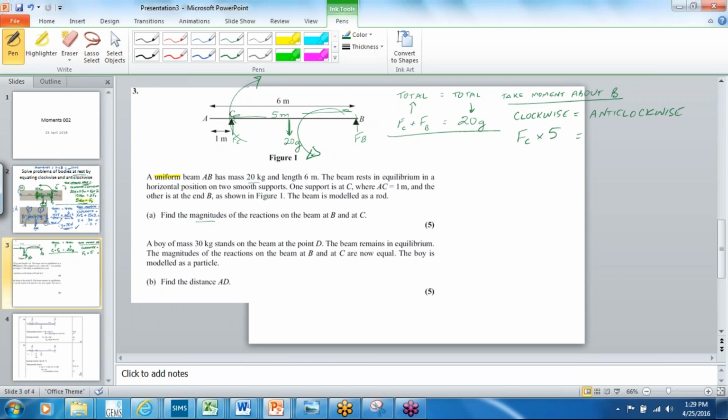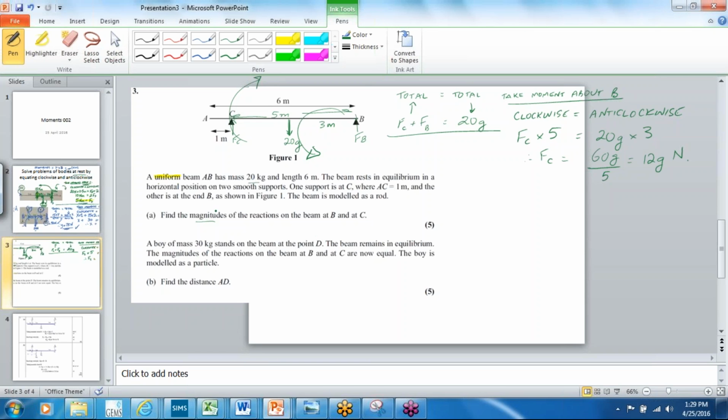And anti-clockwise with this force, 20G, the distance is halfway from 6, because it's a uniform beam, halfway is where the force is acting. So therefore, the force of C times 5 will be 60G. Now we can divide by 5, which is 12G newtons. You can turn that into a decimal or just leave it as 12G.